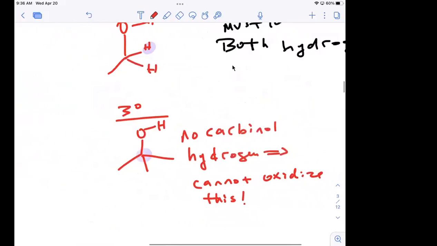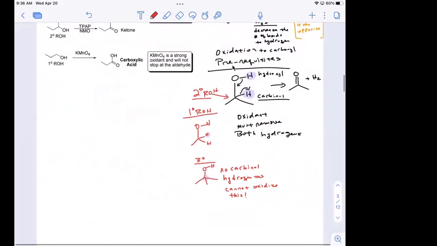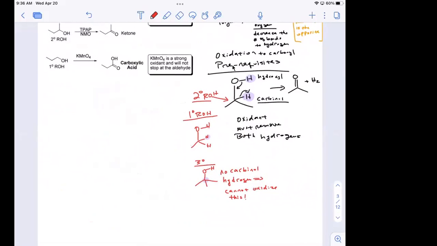You cannot oxidize a tertiary alcohol. You can only oxidize a primary or secondary. And the reasoning is because most of the mechanisms for oxidation of alcohols to carbonyls involve what I just showed you, removal of the carbonyl as well as the hydroxyl proton. So primary is fine, secondary is fine, tertiary you cannot oxidize. All right. Any questions about that?